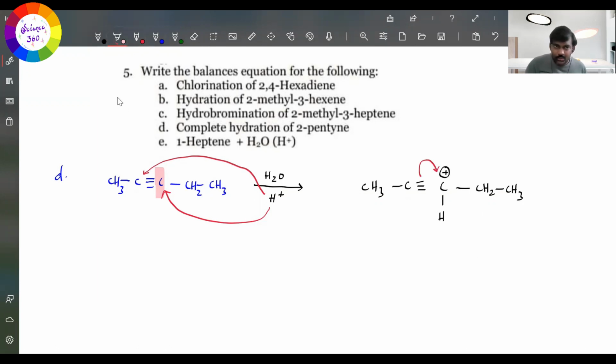So after that we'll be getting CH3, C plus, and here there is a double bond, and here we'll be getting CH2, CH3. Now the OH minus ion is going to attach to this carbon. So I'll be getting OH minus attached to the second carbon, this one.